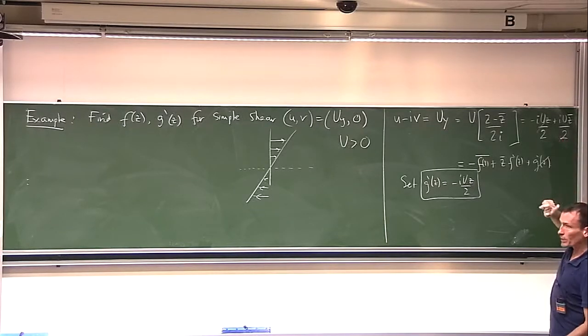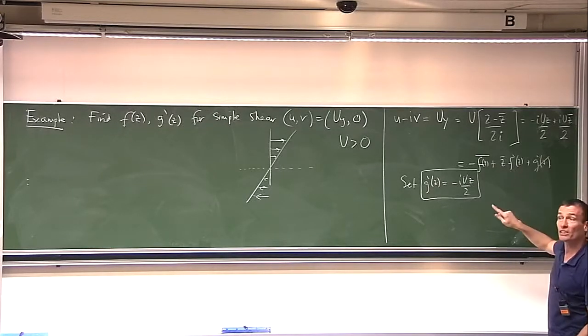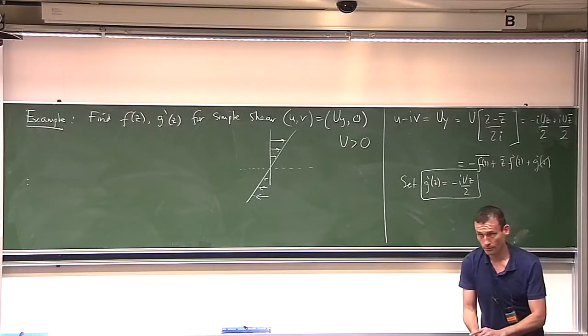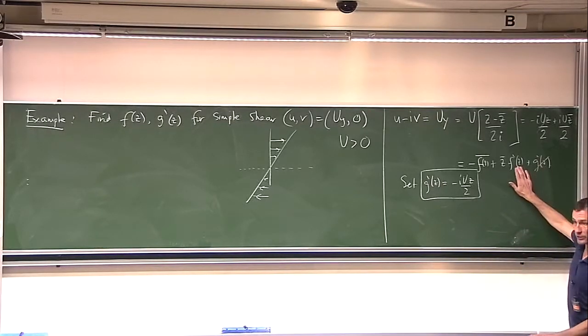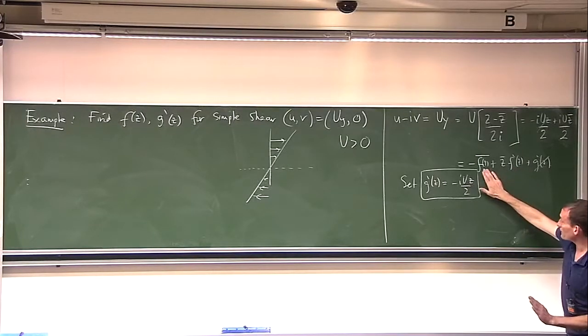So I'm thinking to myself, the only way that I'm going to be able to do this is if I take f prime of z to be a constant function. If f prime is constant, this is then purely anti-analytic. That's going to be purely anti-analytic as well.